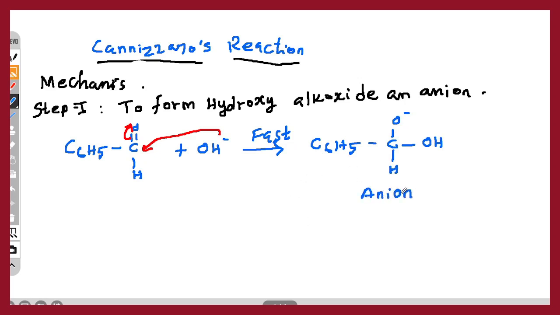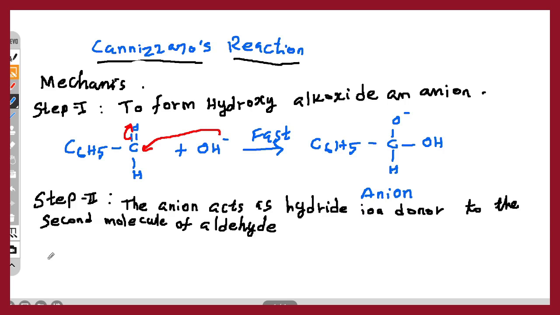This is an anion. Step 2. The anion acts as a hydride donor to the second molecule of aldehyde. Now another benzaldehyde.